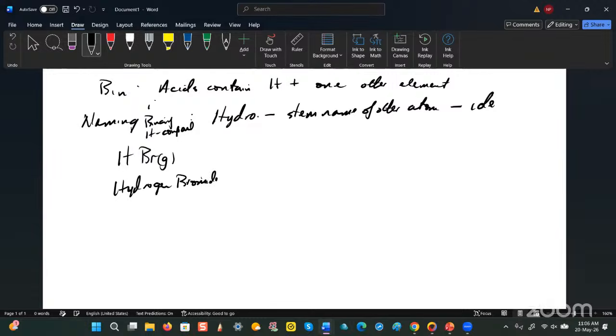And by the way, this should be hydrogen here as well. So you'll notice we start off with hydrogen, then the stem of the name of the bromine, and then IDE. So hydrogen bromide. Here's another example.